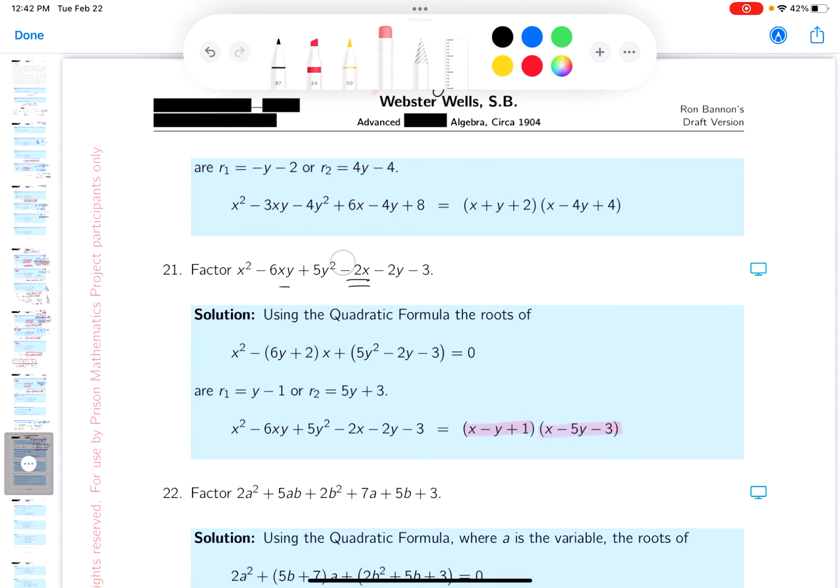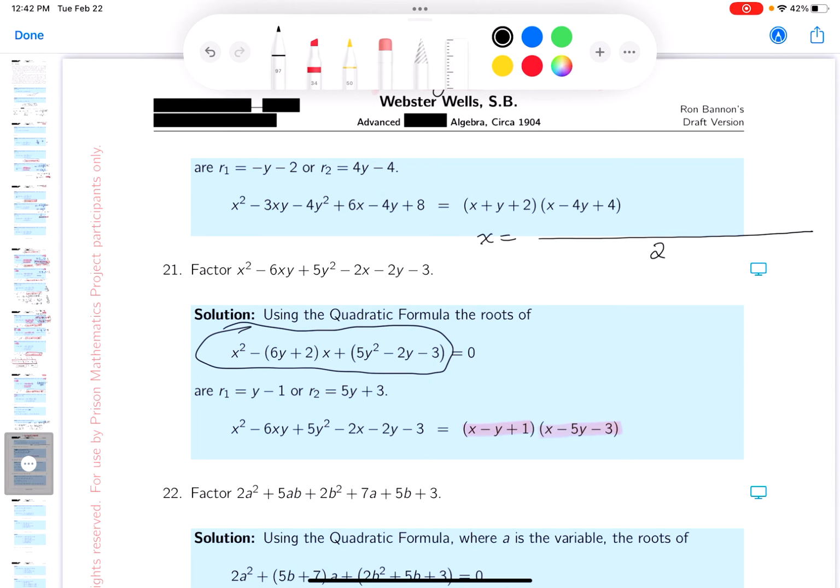They want you to use the quadratic formula. So let me write this down for you. And it's going to be x equals a long fraction bar. What goes on bottom? Twice the a. And again, we're looking at this. That would be 2. Then it's going to be the opposite of the b. That would be 6y plus 2 plus or minus.